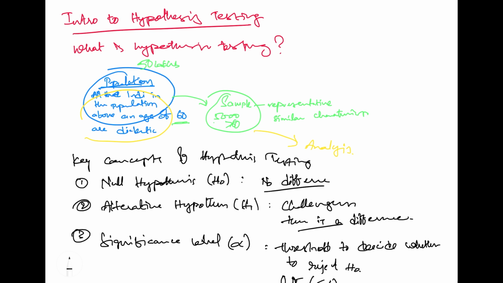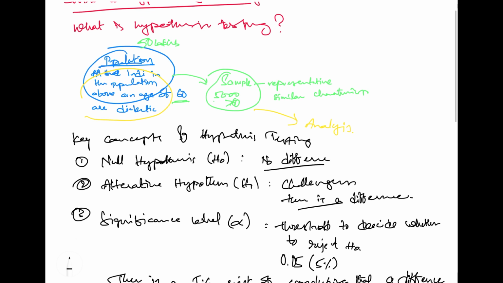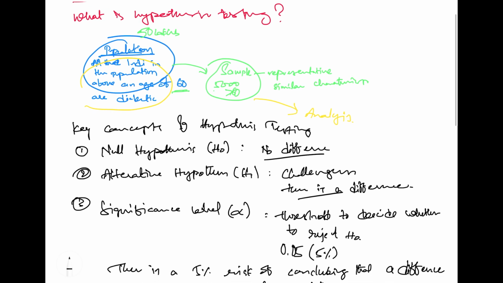Now what we are saying by type 1 error is that we are rejecting H naught, meaning we are saying there is a difference when there is no difference, right?